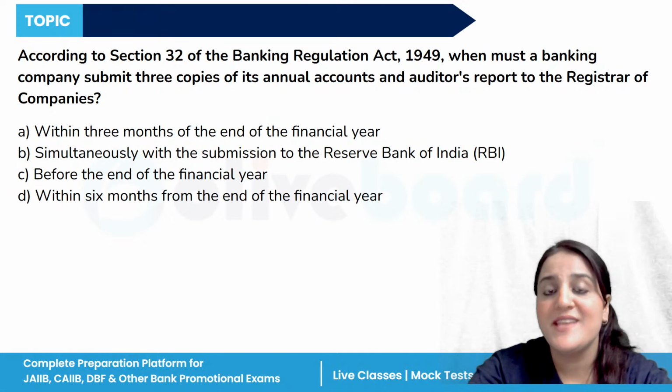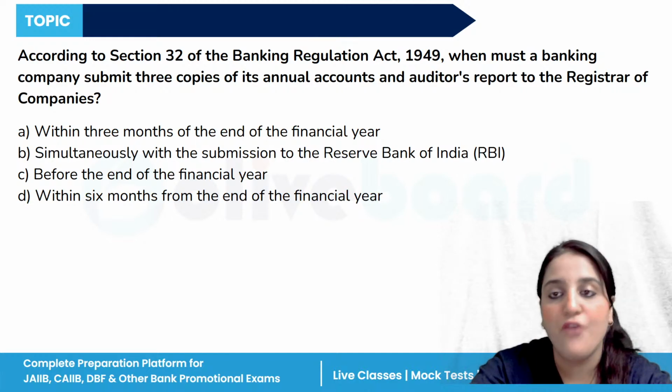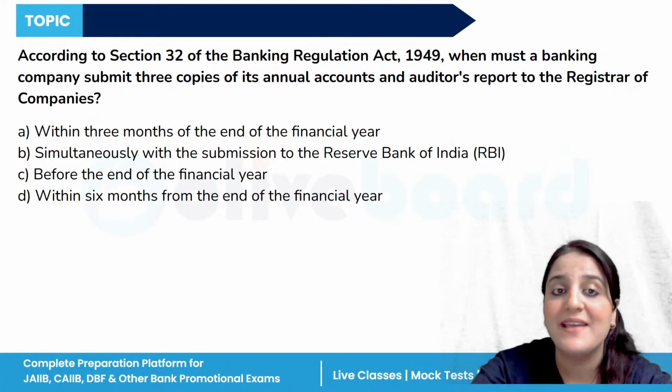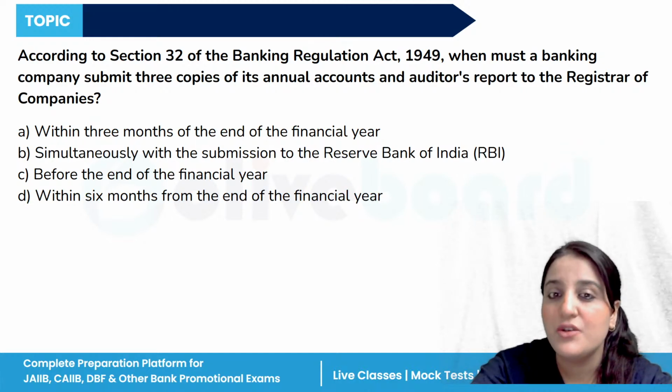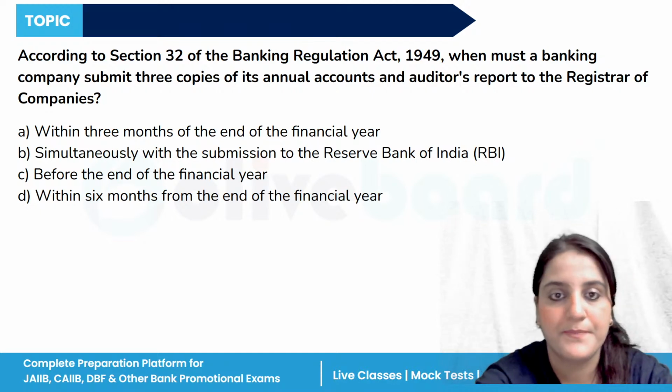Now, according to Section 32 of the Banking Regulation Act 1949, when must a banking company submit 3 copies of its annual accounts and auditor reports to the registrar of the companies?